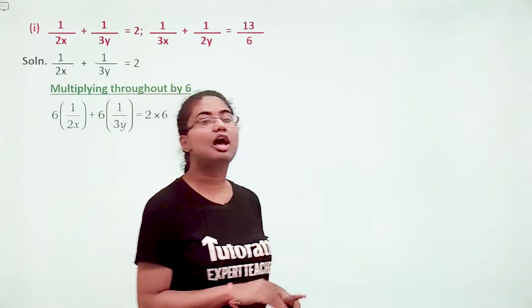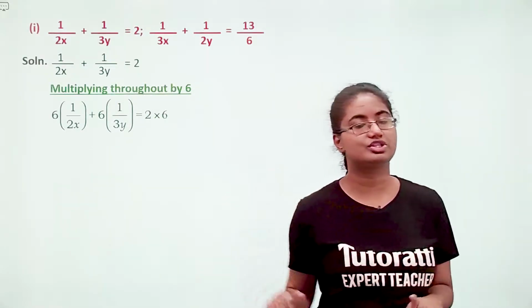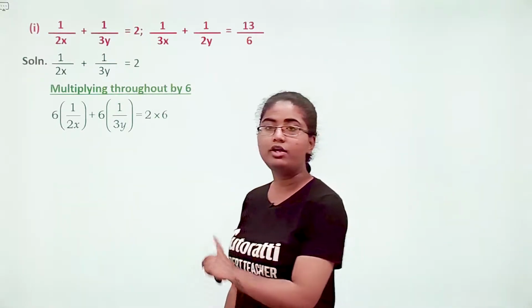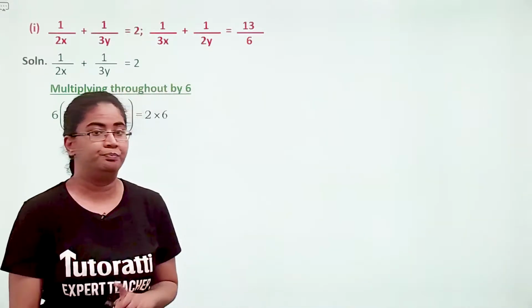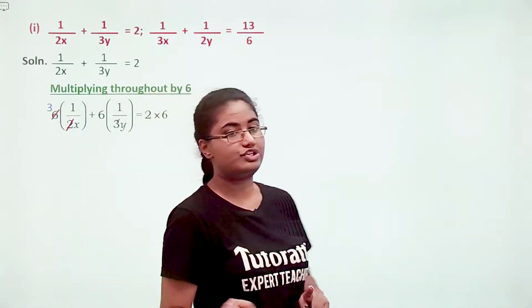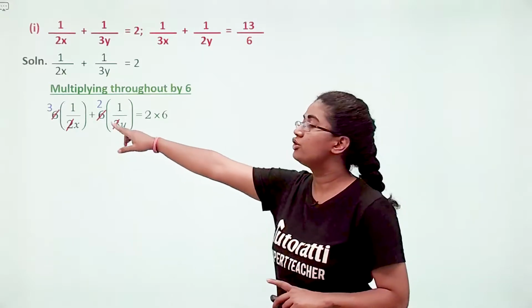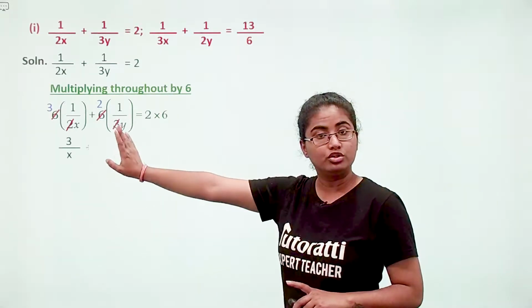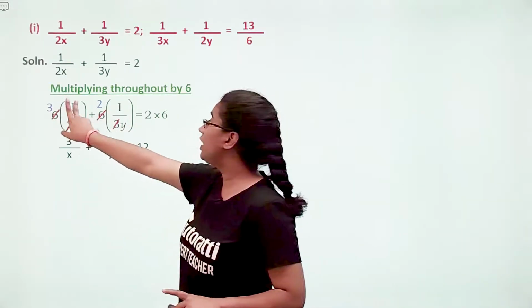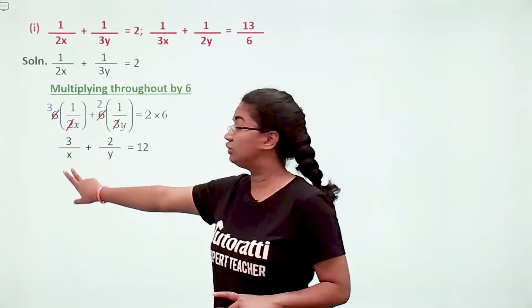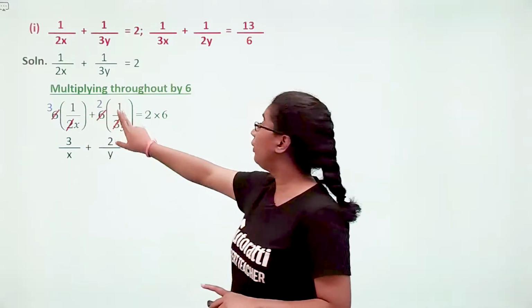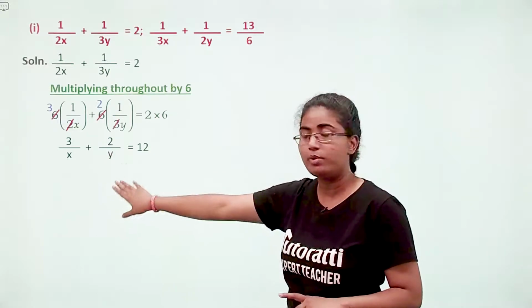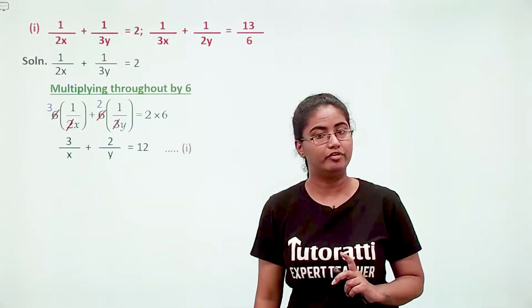So you'll have 6 times 1 upon 2x, 6 times 1 upon 3y and 2 into 6. 2 ones are 2, 3 twos are 6. You'll have the cancellations, okay? 3 into 1 upon x is 3 upon x. 2 into 1 upon y is 2 upon y. And 2 sixes are 12.